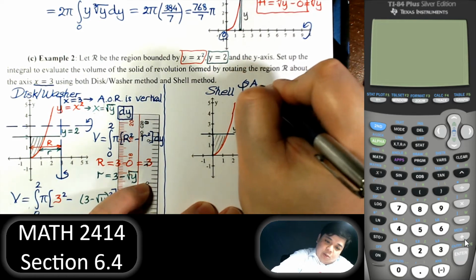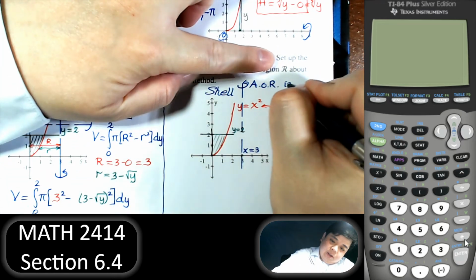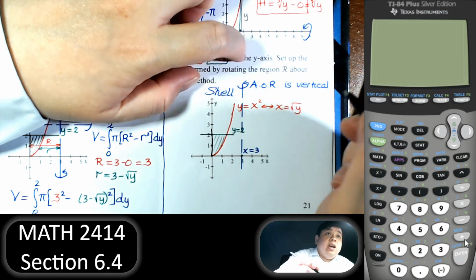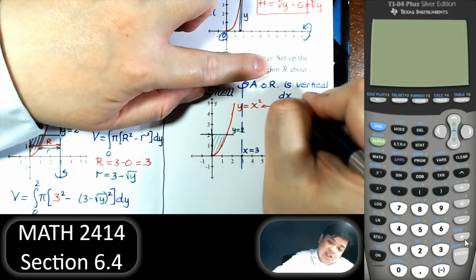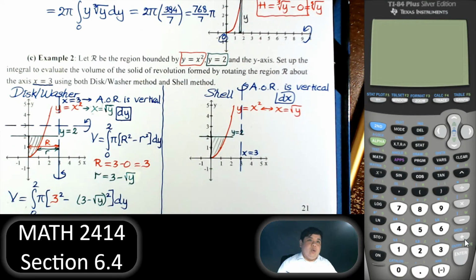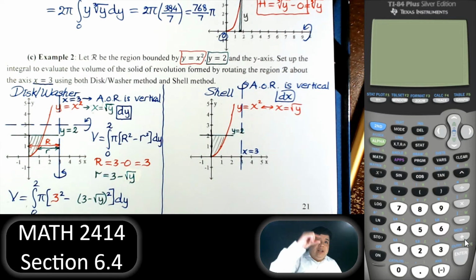So the axis of rotation is vertical. That means in the shell method, it has to be something horizontal, which is dx. So opposite those two always, one is dx, one is dy. And the distance vector will be parallel to the axis of rotation. The other one is perpendicular to it.